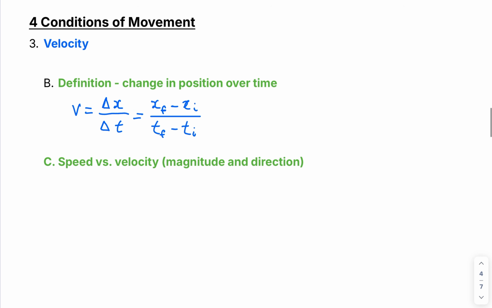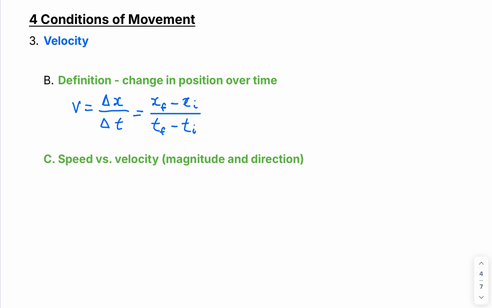Okay, and then there is a difference between speed versus velocity. We are all familiar with speed. We talk about how fast a car goes or what the speed limit is on the freeway. And we often see the sign 65 mph, right? Miles per hour. But we really don't think about what that means.